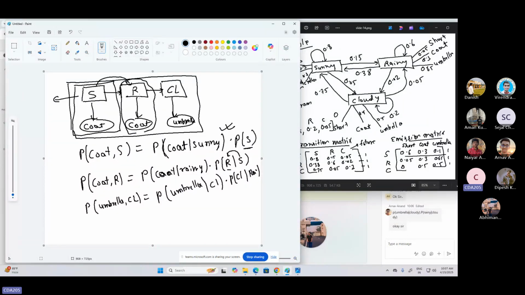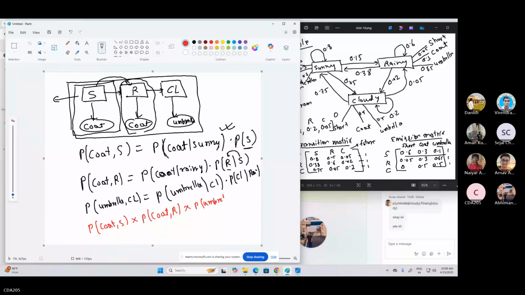Now multiply this. So it is probability of coat comma sunny into probability of coat comma rainy into probability of umbrella comma cloudy. Now what is coat comma sunny? It is this one.